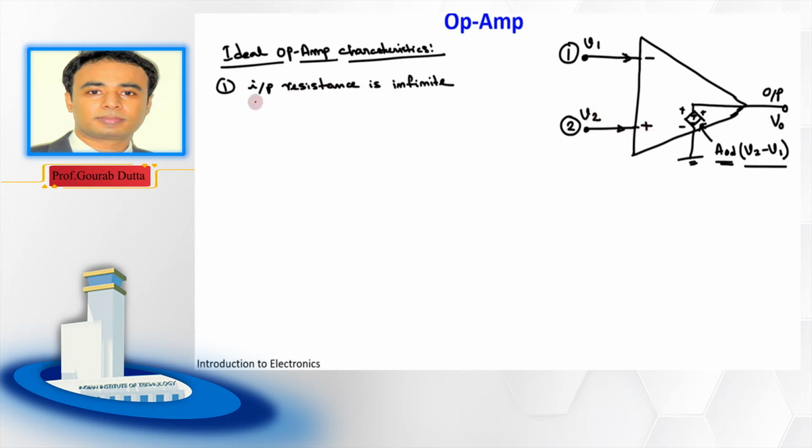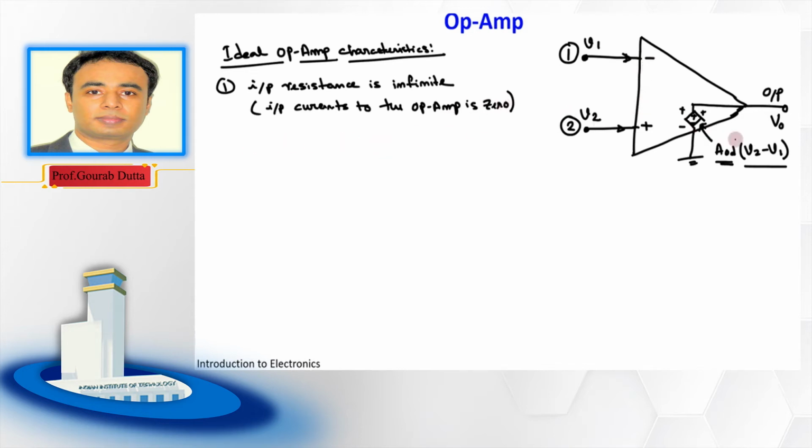So that means the input currents to the op amp are 0, because the input impedance is infinite.